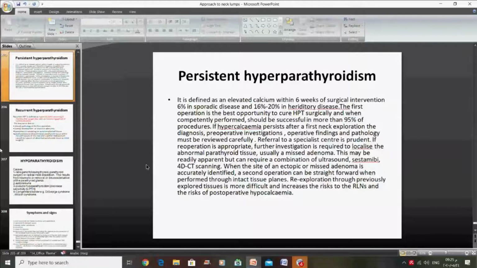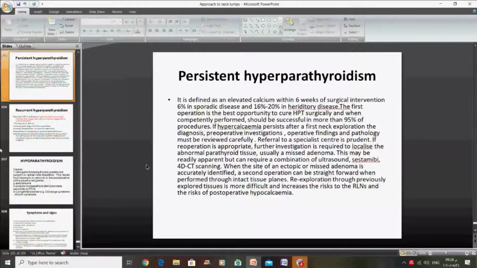If reoperation is appropriate, further investigation is required to localize the abnormal parathyroid gland. This may be readily apparent but can require combinations of ultrasound, sestamibi and CT scans. When the site of an ectopic or missed adenoma is accurately identified, a second operation can be straightforward when performed through intact tissue planes.